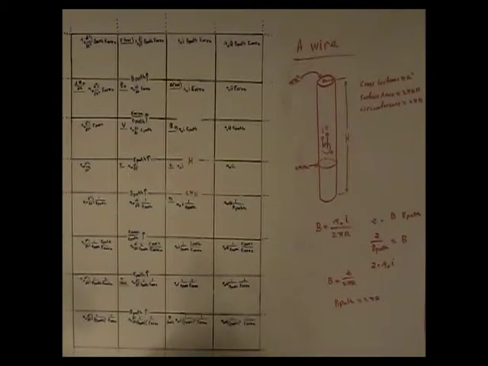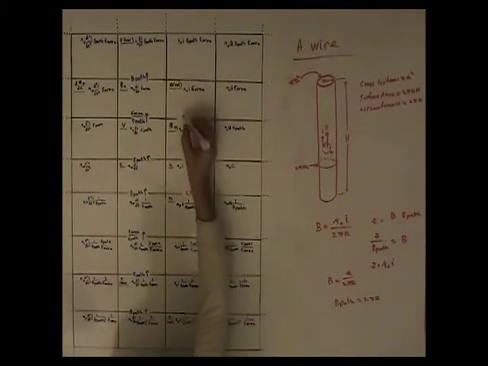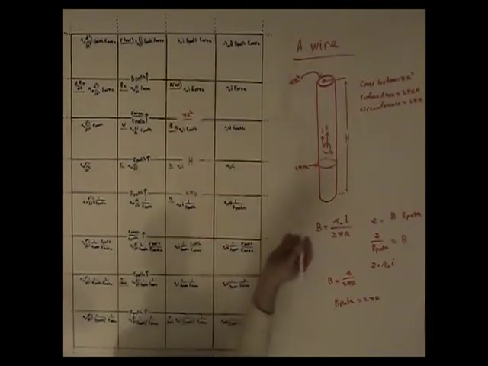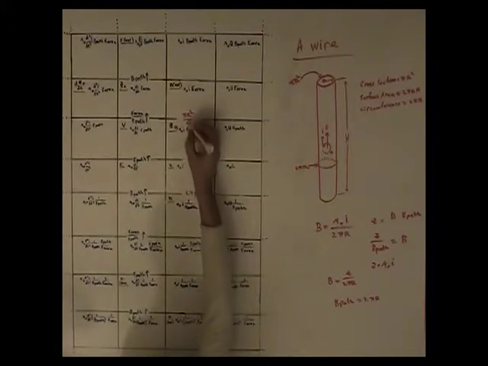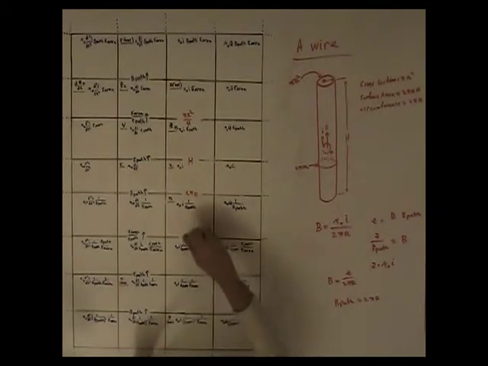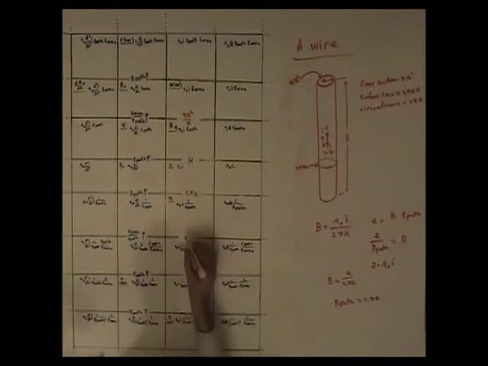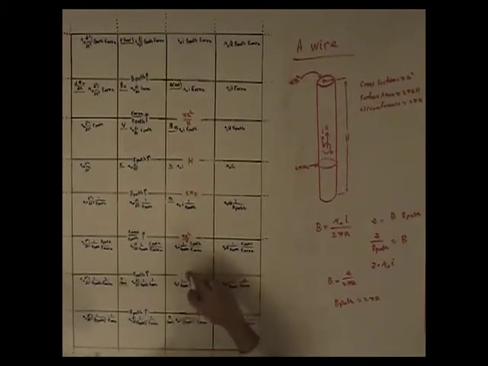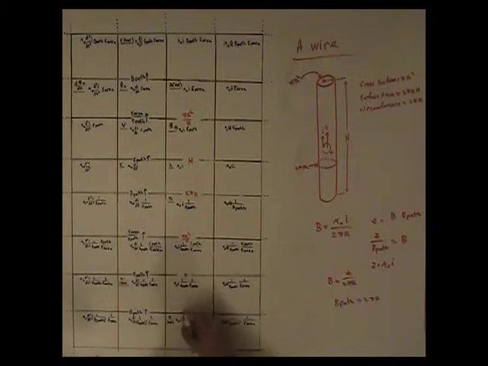And the area is pi r squared, and the E path we already saw was h. So now we have labeled all of our lines. We can repeat the pattern on down here. This is pi r squared over h, and this is h, and this is 2 pi r.